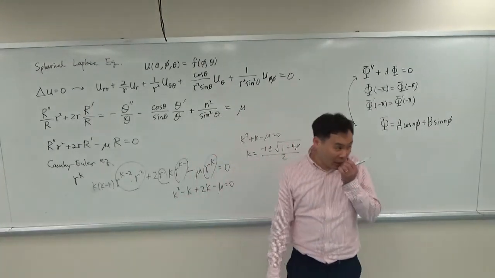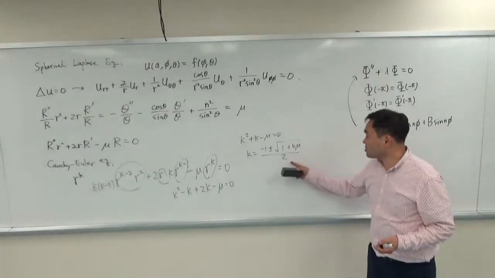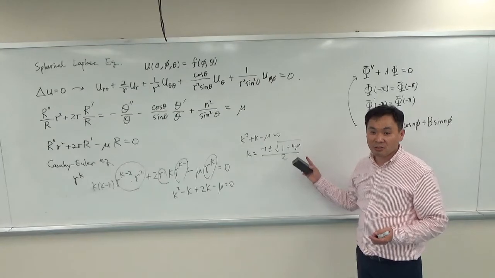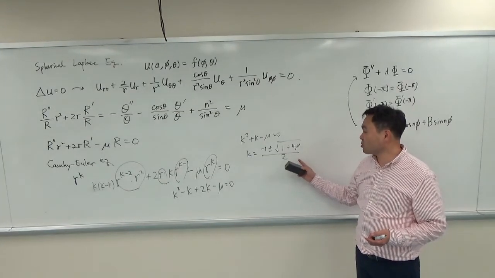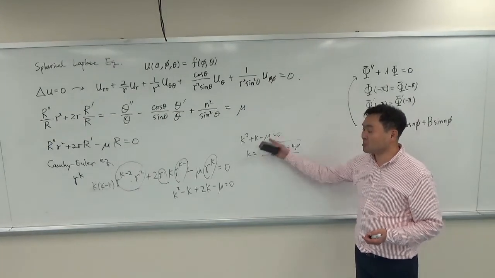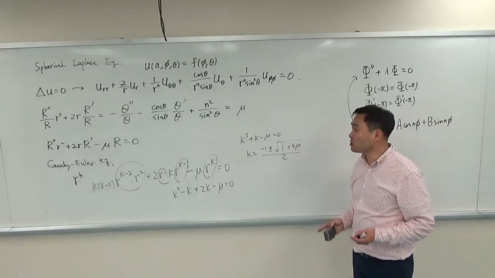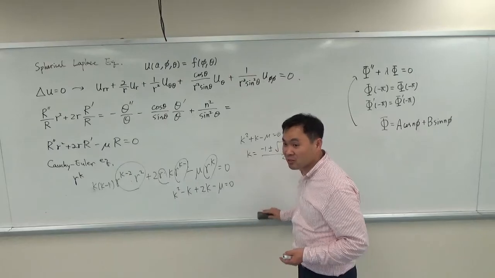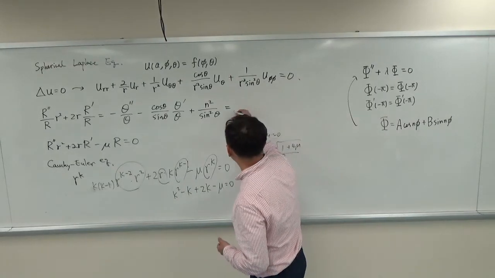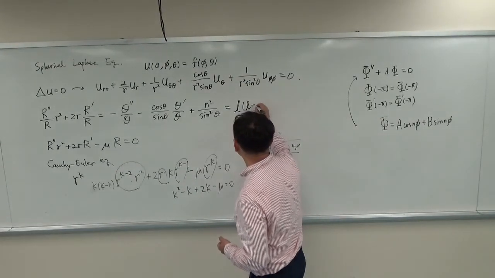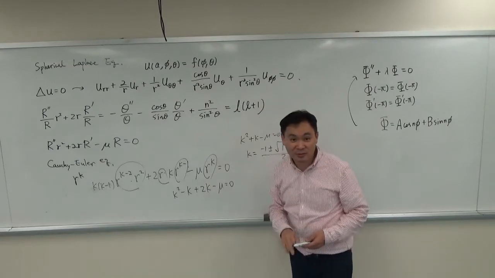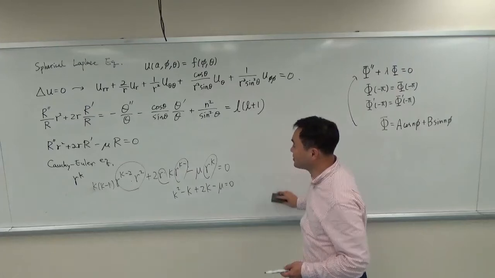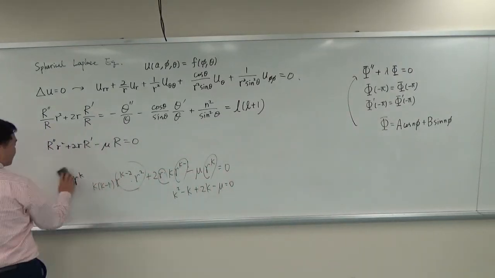But at the end of the day, this is just some constant, and it'll be easier to pick something which makes this a lot simpler. So for that reason, what we're going to do is rewrite this one as L times (L plus 1).